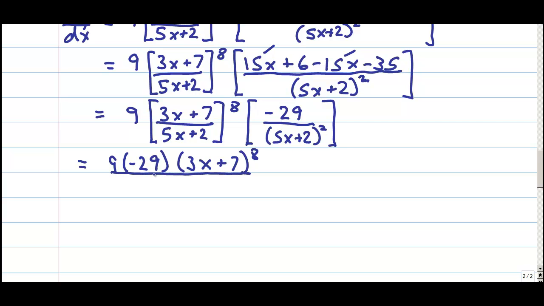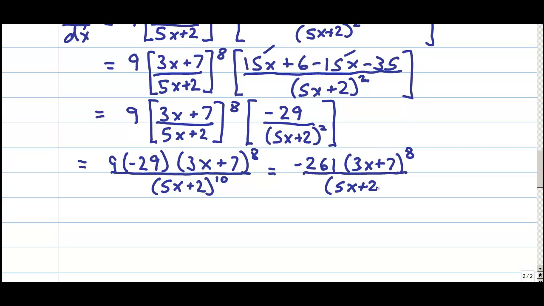That makes 5x plus 2 to the 8th, 9th, 10th. And this will give us negative 261 times 3x plus 7 to the 8th over 5x plus 2 to the 10th.